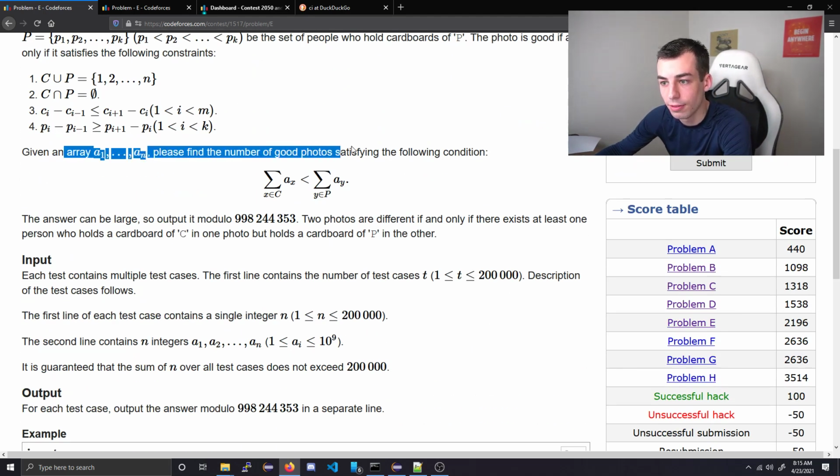Given an array, find the number of good photos satisfying this condition.